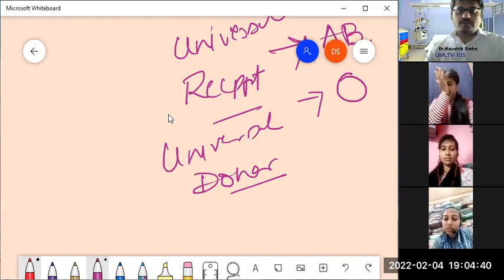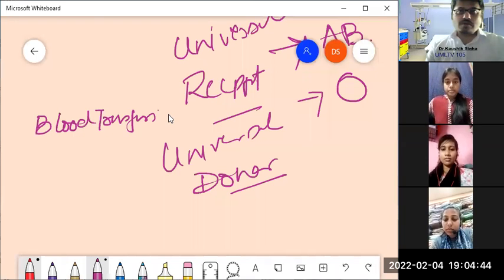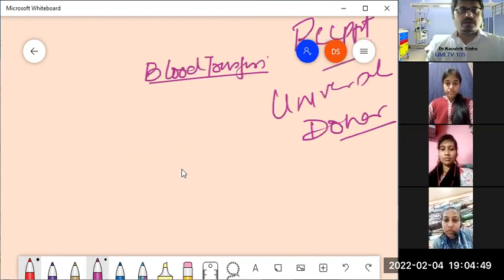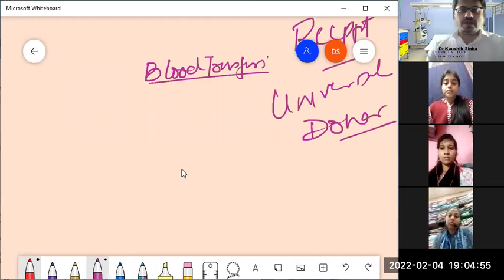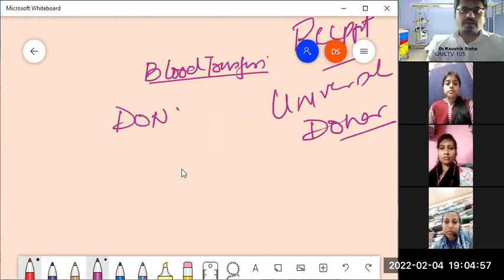In blood transfusion, there is one party which will give the blood. In the blood donation camps that are held, we actually donate blood, and if we are donating blood, we are considered as donors.